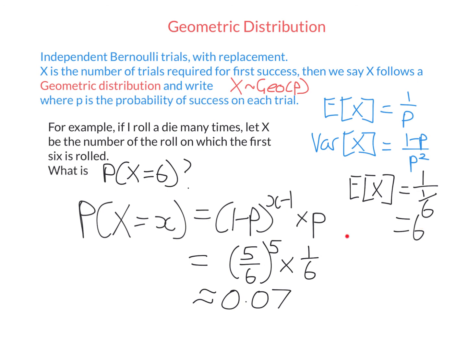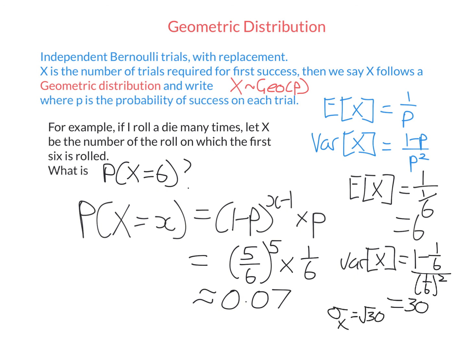So the variance of x here, we didn't calculate the variance of the hypergeometric distribution because it's a bit too complicated, but the formula is really simple for geometric. It would just be 1 minus p over p squared. And that gives us 30. So, of course, if I wanted the standard deviation of x, it would just be the square root of 30.